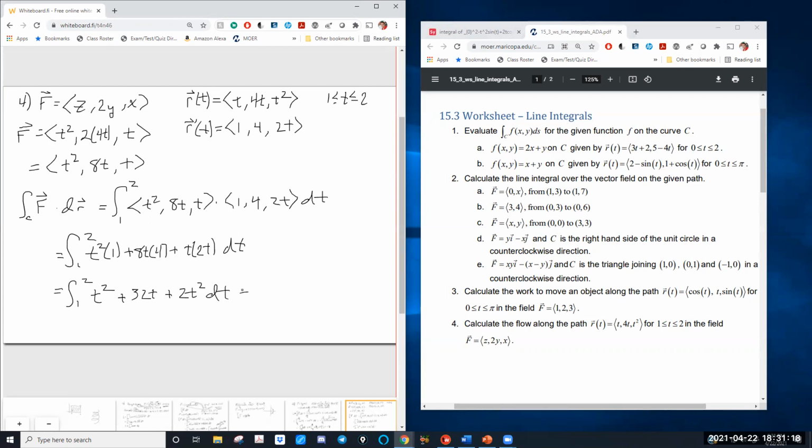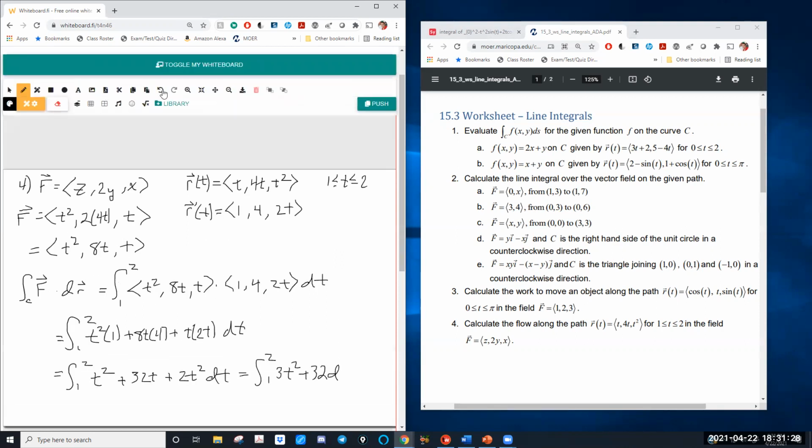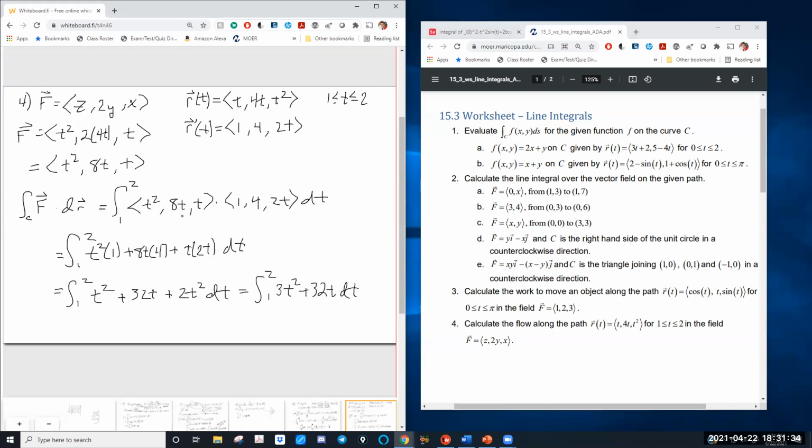We'll combine those t squared terms. So 3t squared plus 32t, dt, sorry, going too fast. All right, and now we're back into Calc 1.